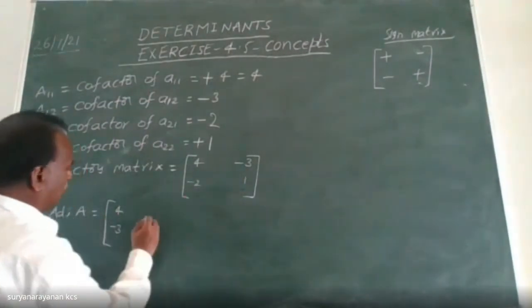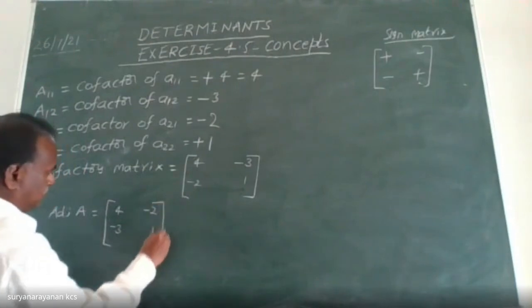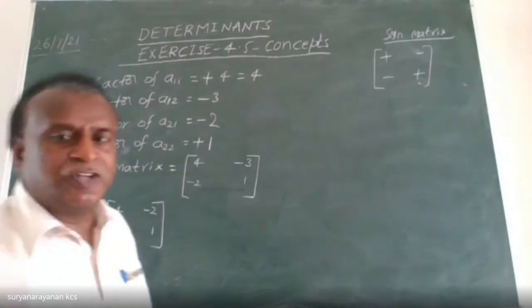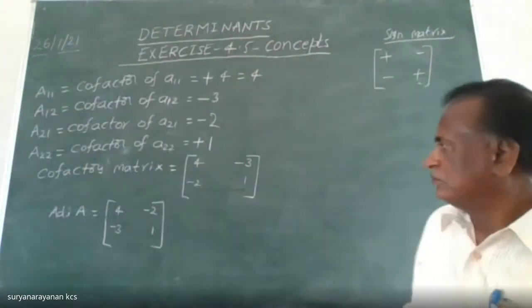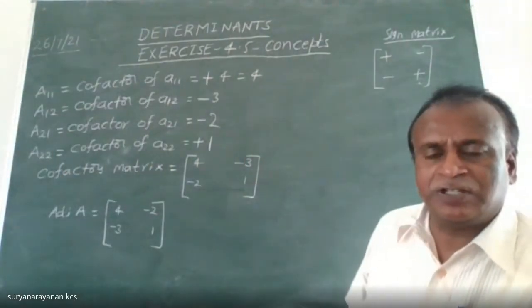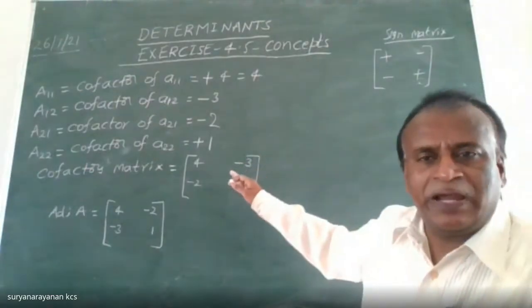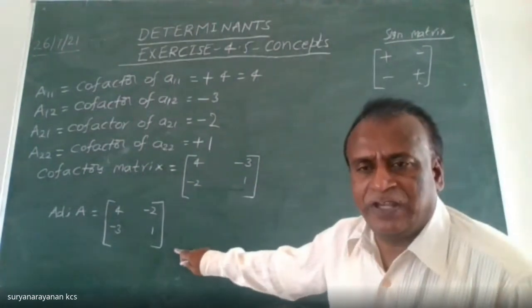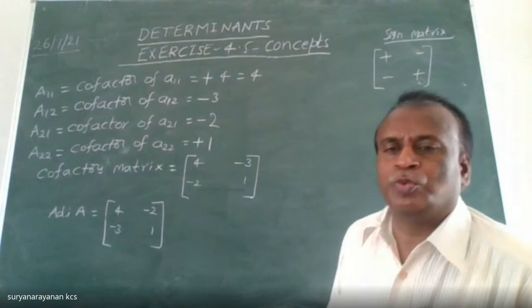This is the second row. That's all. This is adjoint A. Understood this point, my children? Yes, sir. This is about the adjoint of a square matrix of order 2.